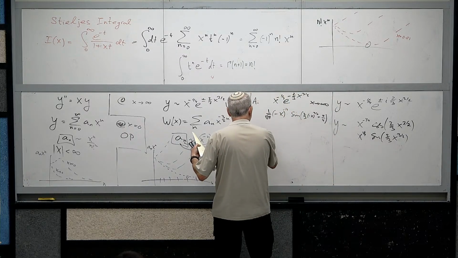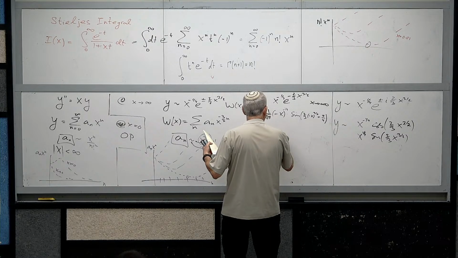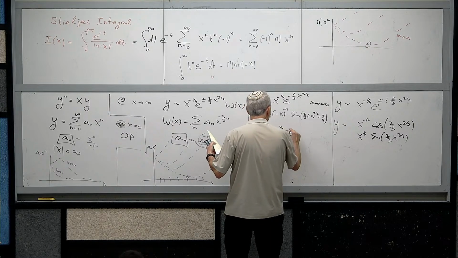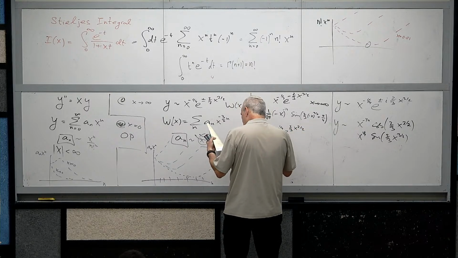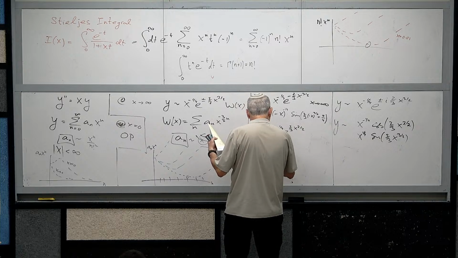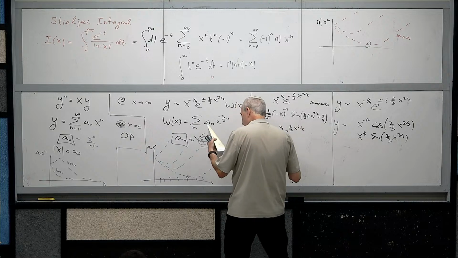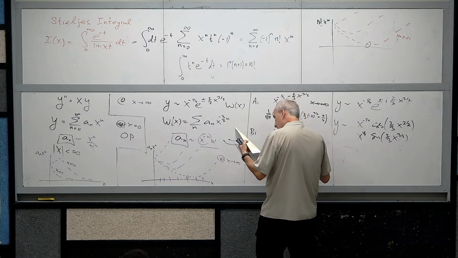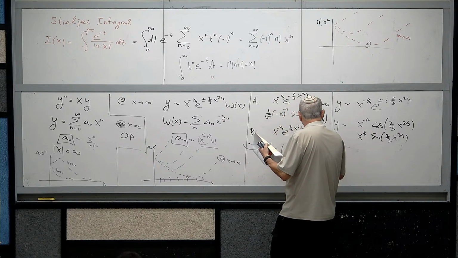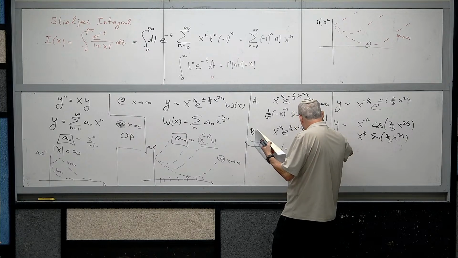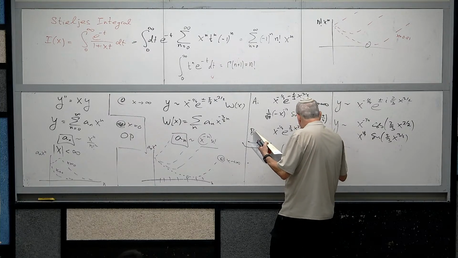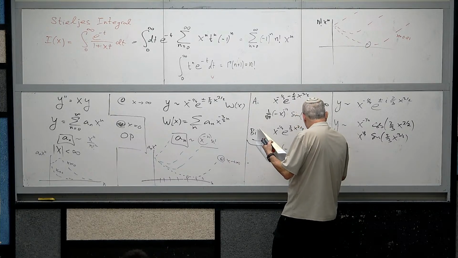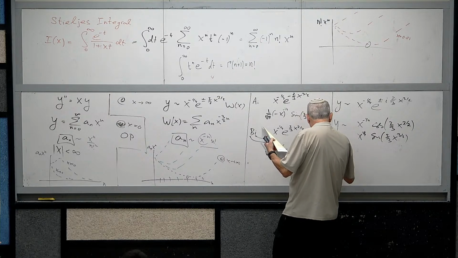And the Bairy, when x goes to infinity, goes like x to the minus 1/4 times e to the 2/3 x to the 3/2. At minus infinity it goes like 1 over square root of pi, again this is just convention, minus x to the minus 1/4 times the cosine, of course, of 2/3 minus x to the 3/2 plus pi over 4.